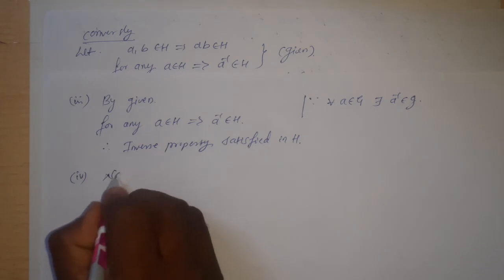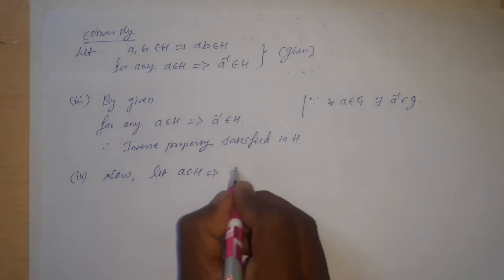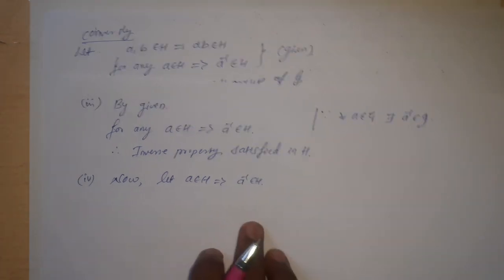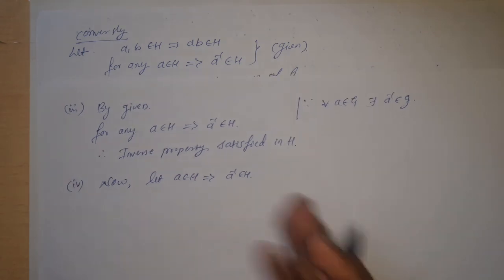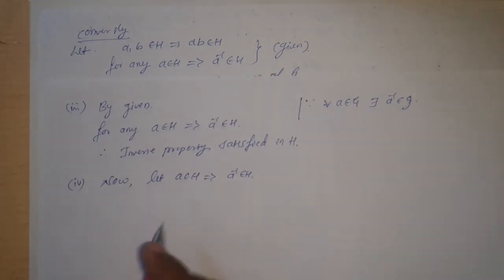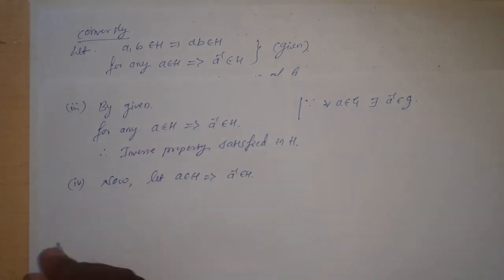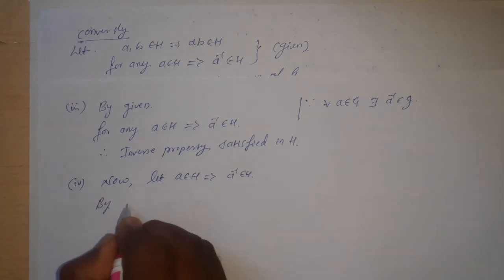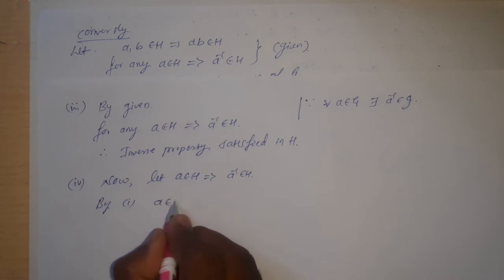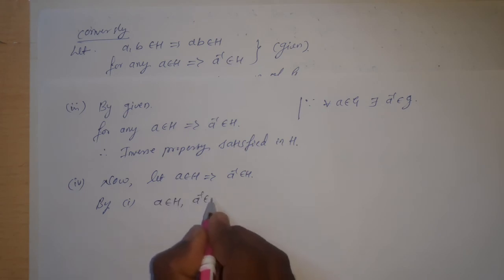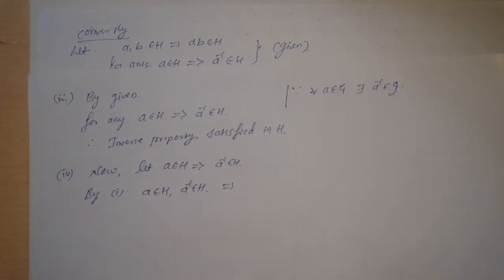Now let A belongs to H, it implies that A inverse belongs to H, that is the inverse law. So, the inverse law is already satisfied. That is why we are considering that as the direct point, that A belongs to H implies A inverse belongs to H. Now, by the first condition, if A belongs to H and A inverse belongs to H, then the product of these two is also in H, that is the closure law.